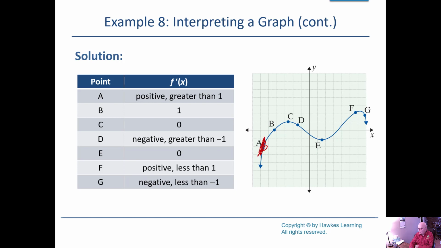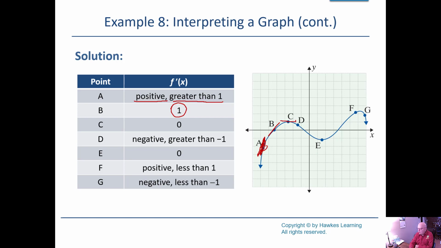Slope is positive because it's going upward, and since it's steeper than 45 degrees, the slope is greater than 1. Up at B, that looks about like 45 degrees. Slope is 1. Up here at C, it's leveled out, so slope is 0.